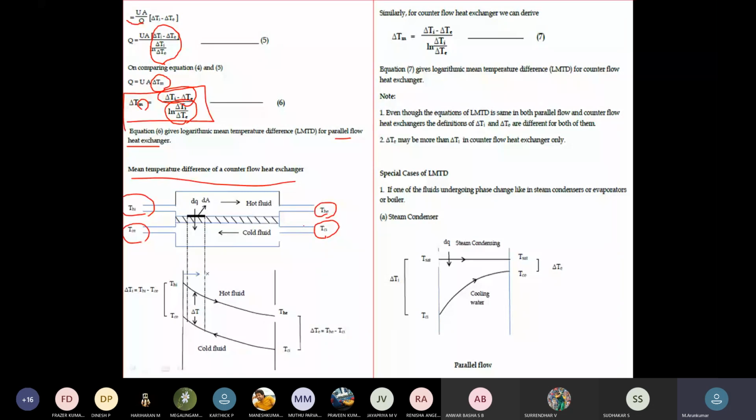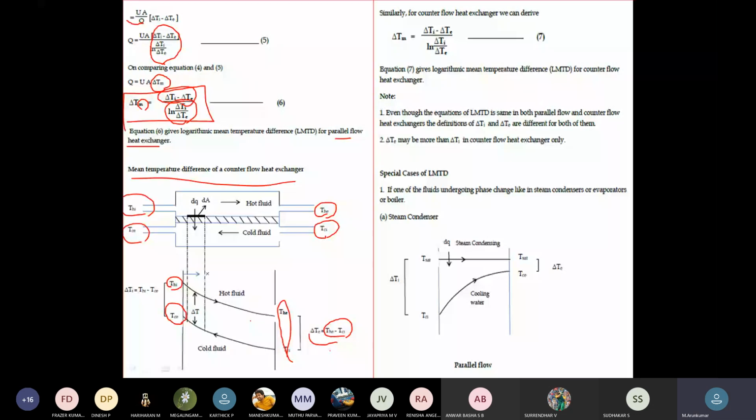Inlet and exit are in opposite directions. At section 1 the temperature difference delta T will be Thi minus Tce, and at section 2 we have The minus Tci, so delta T exit will be The minus Tci. Exit and inlet also change.